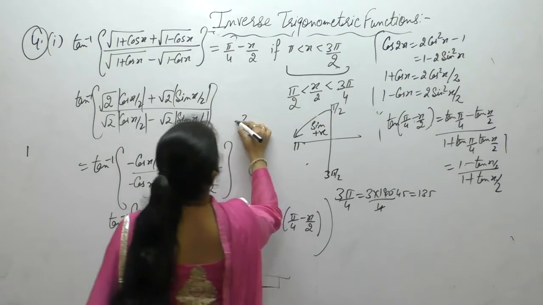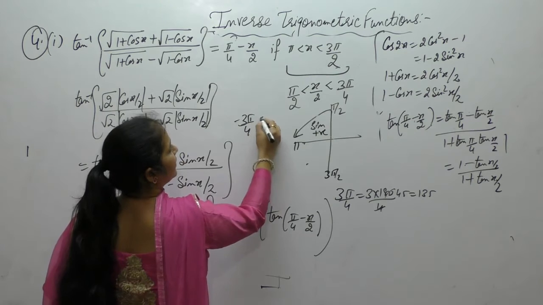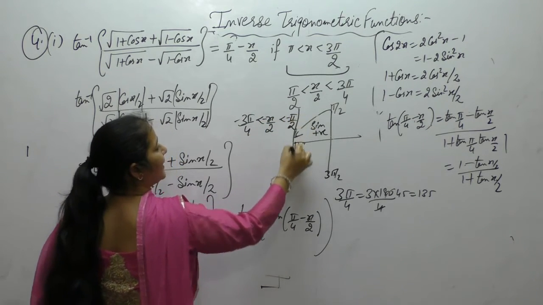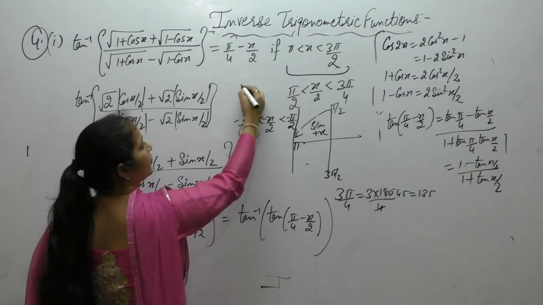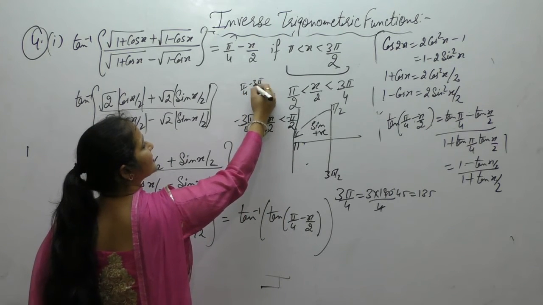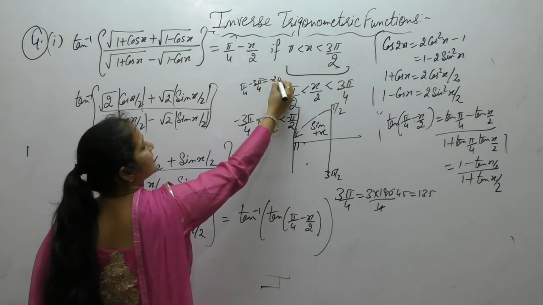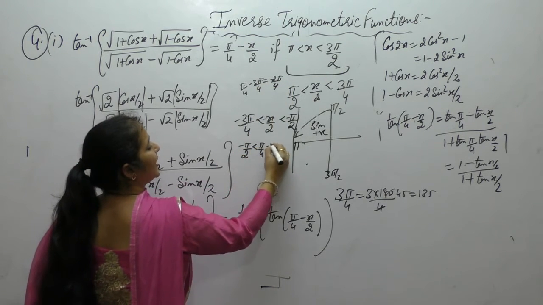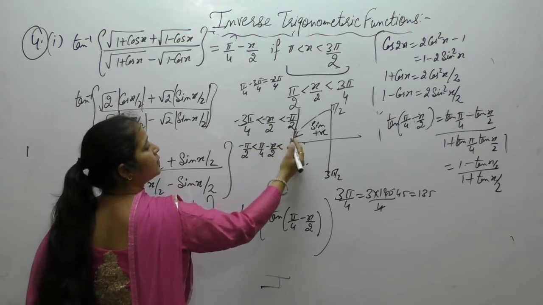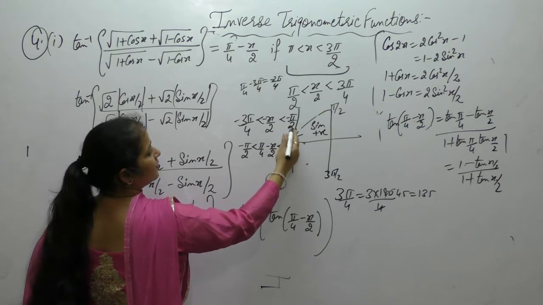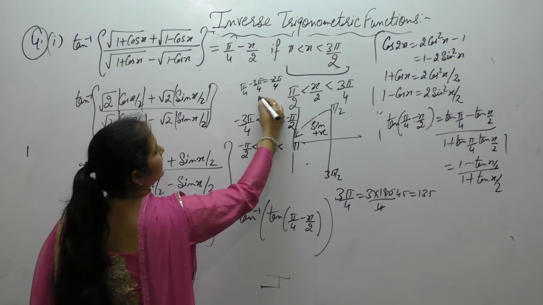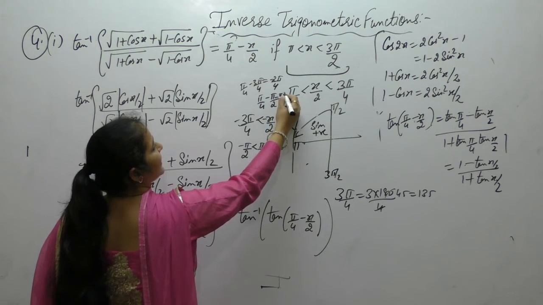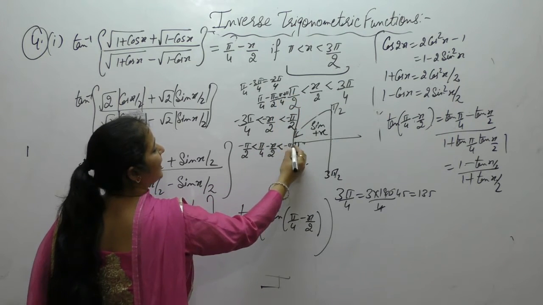If we write it as minus 3 pi by 4 less than minus x by 2 less than minus pi by 2, add pi by 4. Pi by 4 minus 3 pi by 4 is minus 2 pi by 4, that is minus pi by 2. Pi by 4 minus x by 2, we have to add pi by 4, pi by 4 minus pi by 2.